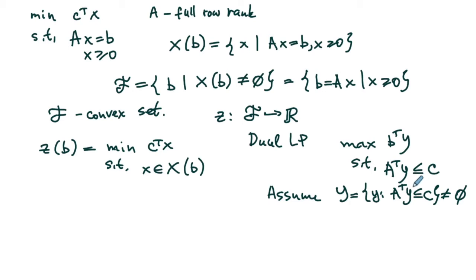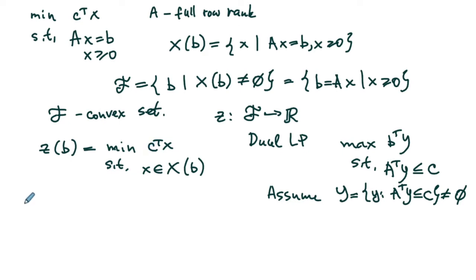Because as soon as we have a feasible solution for the dual, it gives us a lower bound on the primal. And by the duality theorem, this implies that both primal and dual problems have an optimal solution, and the optimal objective values for both match.